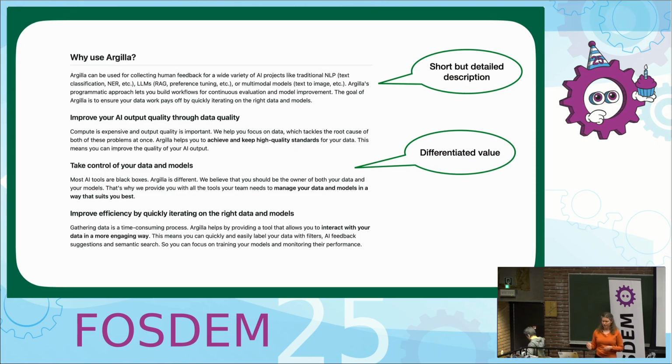Then you have these 3 bullet points, these 3 subheaders. Those are what we call differentiated values. These are the things that make Argilla different from every other way that you might try to get better quality data for your AI models, and basically every other way that you might try to get the same outcome. Because ultimately your project is being chosen in comparison with other options, other open source projects and other commercial options, and sometimes manual processes as well.